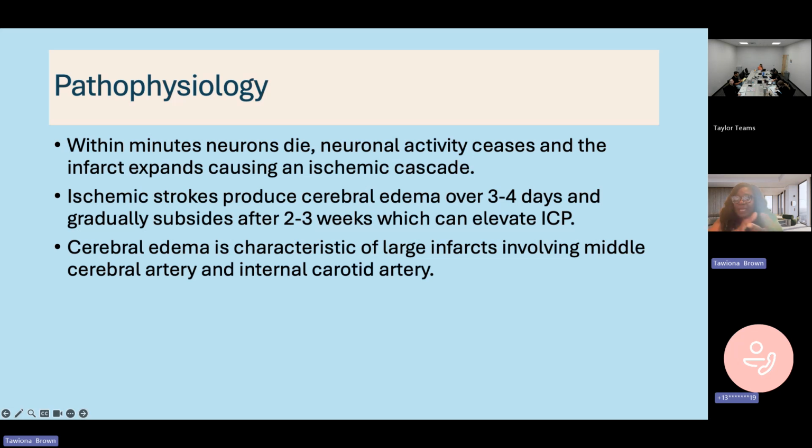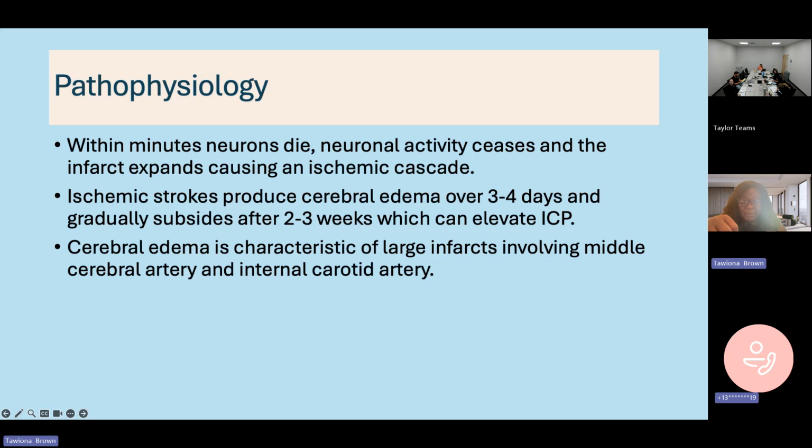So the clotting expands, or the lack of blood supply is going to get worse, and it's going to cause an ischemic cascade. So with these ischemic strokes, they're going to produce a lot of swelling within the brain from onset to maybe 3 or 4 days after. And then it's going to gradually subside within 2 to 3 weeks. Okay. But if it doesn't, you can have an increased elevation of intracranial pressure.